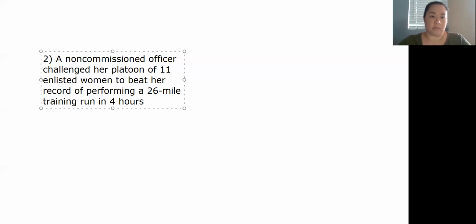That means the officer is able to run a 26-mile training run in 4 hours.